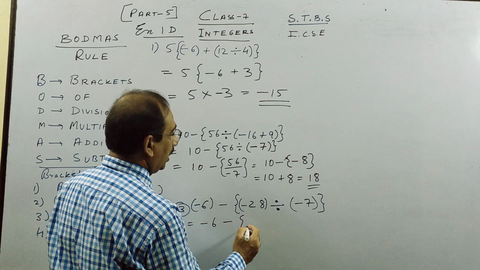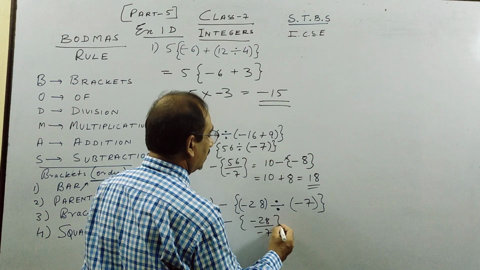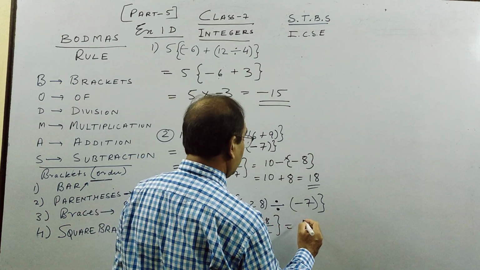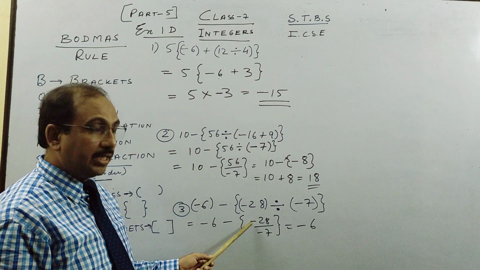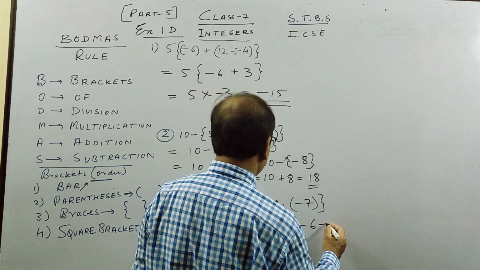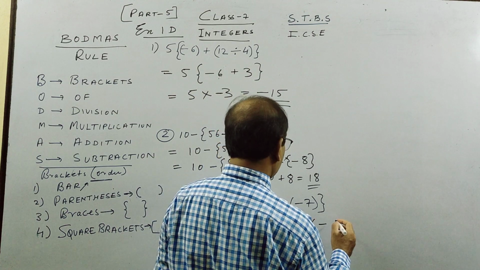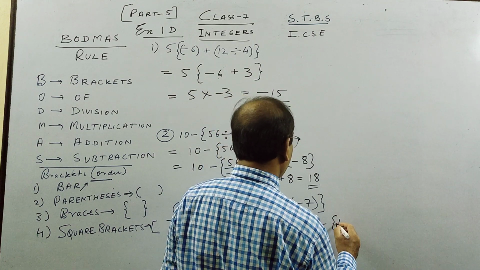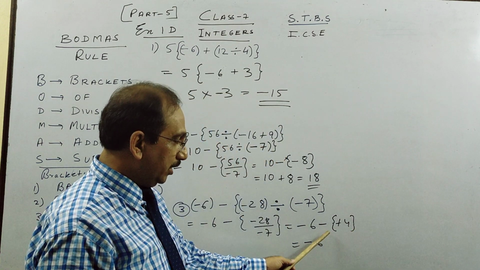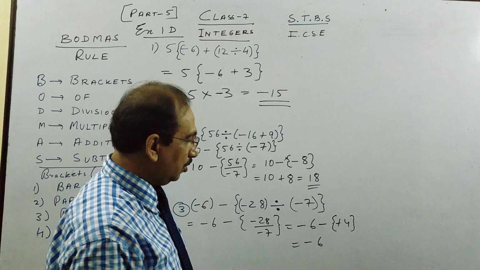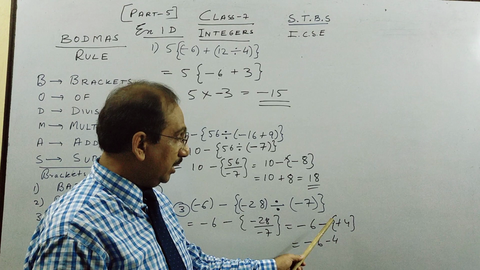So the third one, here we have minus 28 by minus 7. Remember, minus divided by minus becomes plus, so this becomes plus 4. So this is minus 6 plus minus 4, and you will get minus 10. I told you, plus minus is minus, you only check the sign.